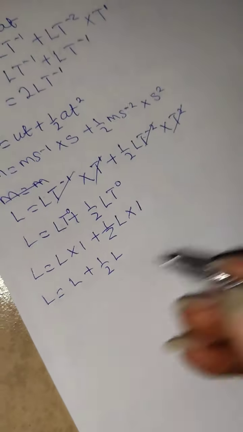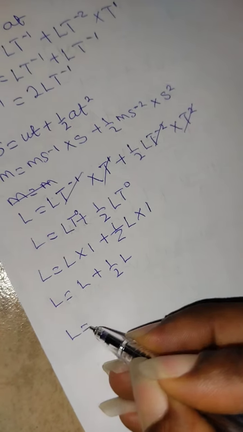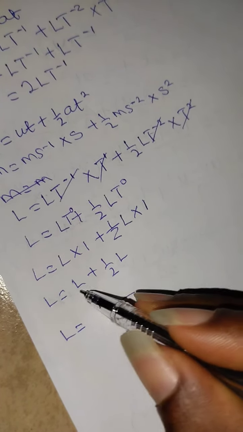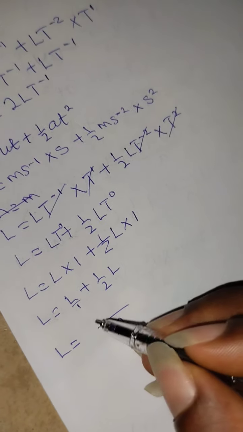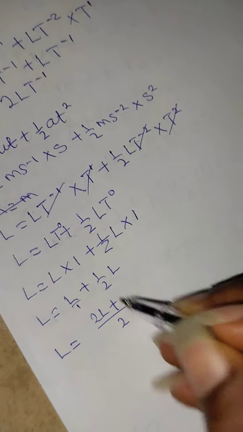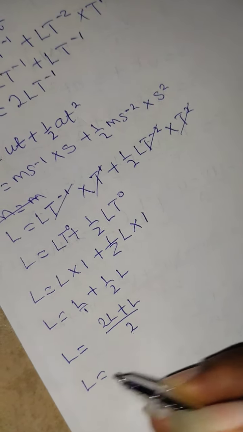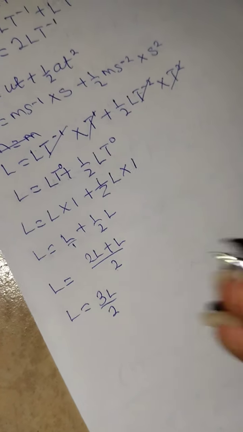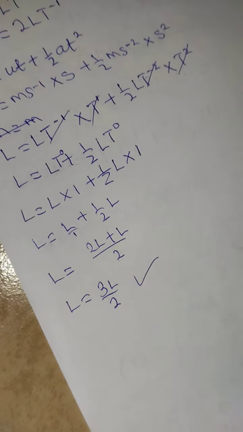We cannot leave our answer like this, so when we have a fraction, we need to find the LCM. The LCM of this will be 2, so 2 times L, 2L, plus 1 times L. So L is 3L over 2, and this is also correct, just like the first one was also correct.